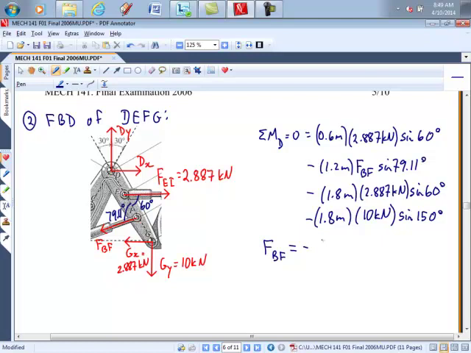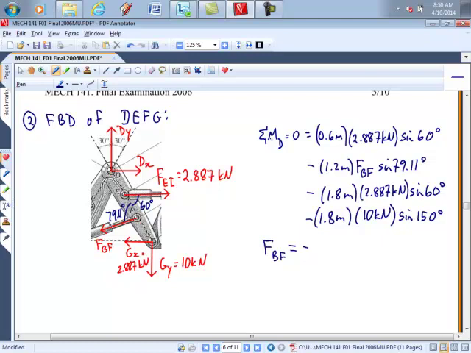It's definitely going to be negative. Let's wait for at least one other. What did we get?